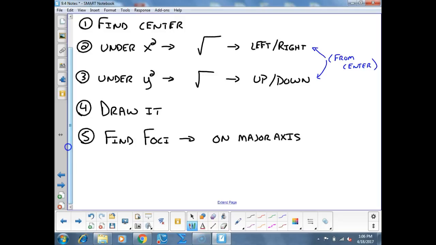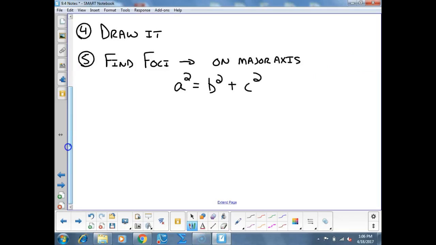So what formula do I use to find that? A squared equals B squared plus C squared. Now my question to you is, what is A squared? The bigger number.